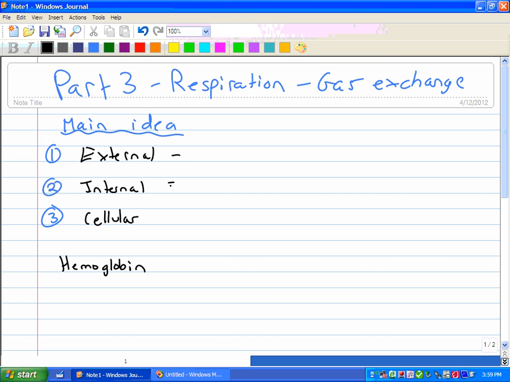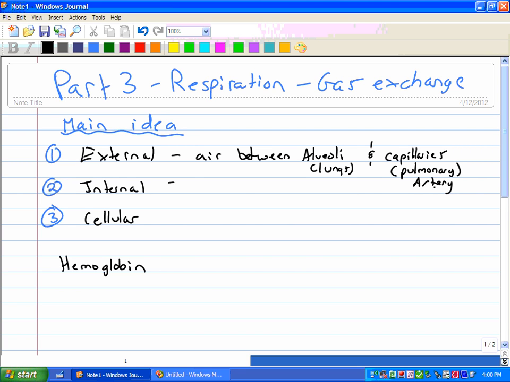External respiration is when air is being exchanged between the alveoli of the lungs and the capillaries of the circulatory system. This is actually going to be the pulmonary artery that it feeds back to before it gets pumped back to the heart and then to the rest of the body, which we'll talk about next unit in circulation.